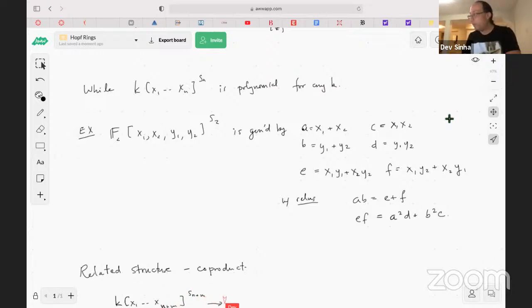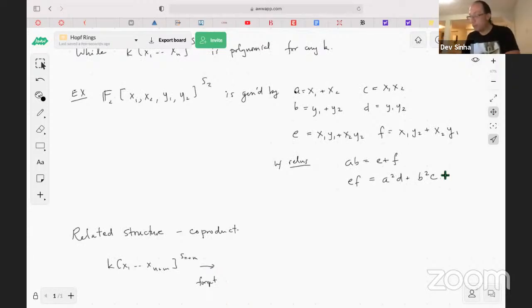If it's symmetric in n plus m variables, I can forget the symmetry down to the fact that it's symmetric over n variables and m variables separately. And there's a standard way that I can decompose additively any monomial in n plus m things as a product of a monomial in n things and a monomial in m things.